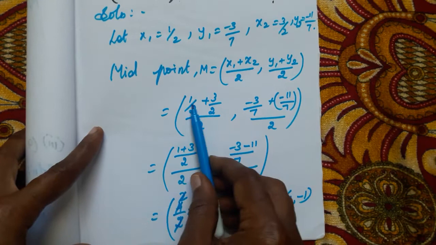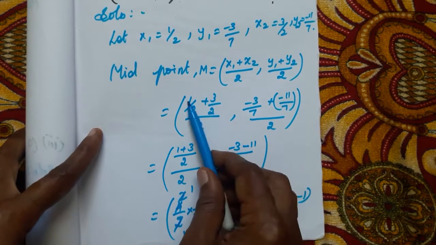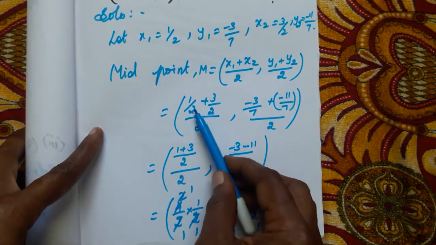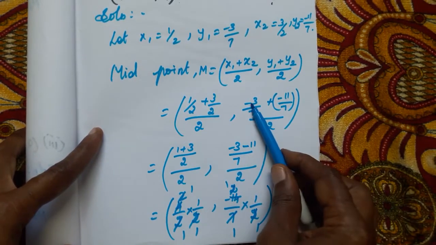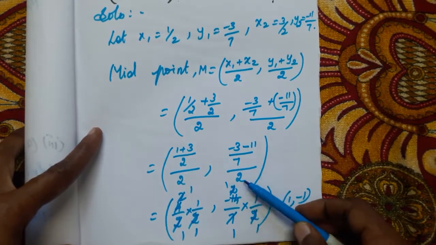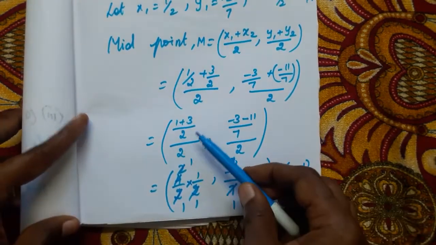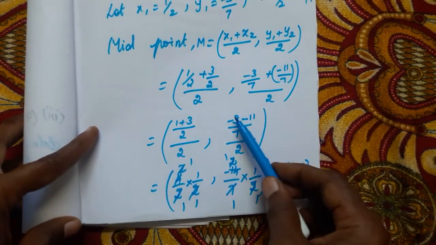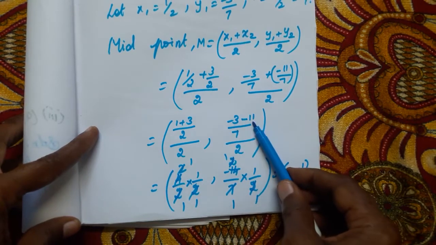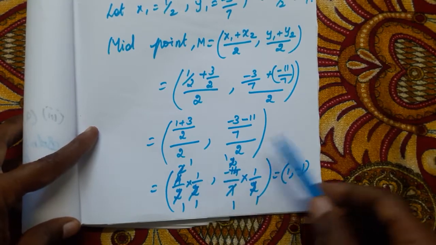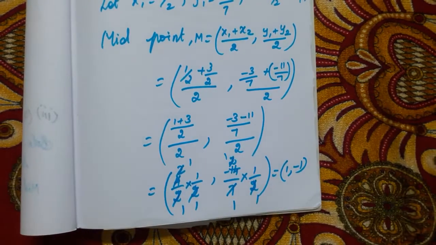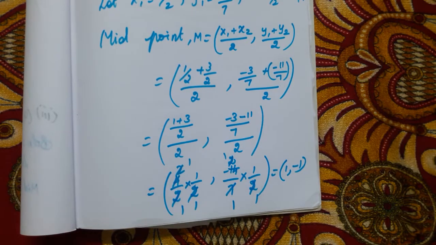Here what is the LCM? 2. 2 is common, so like fractions we have to add like this: 1 plus 3. Next here also 7 is the LCM: -3 plus, minus, -11 by 7. So 4/2 into 1/2. Next -3 minus 11 is -14/7 into 1/2. It's equal to (1, -1). Any doubt? (1, -1) is the midpoint. Clear?